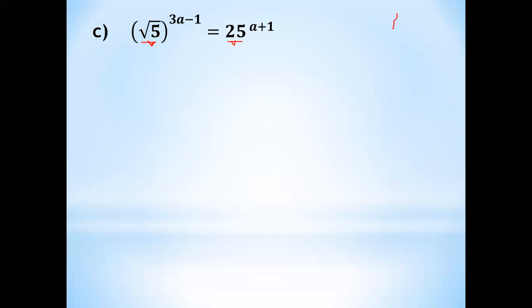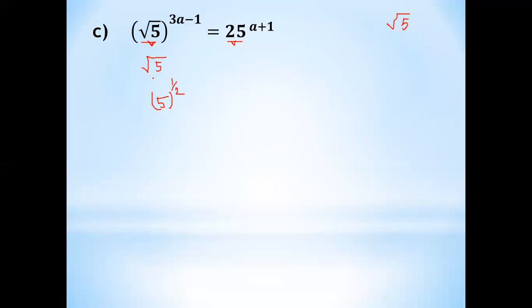If you remember your exponential laws of indices part, root can be expressed in terms of power, isn't it? So root over 5 can be written as, this is a square root, so it can be written as 5 to the power 1 by 2.